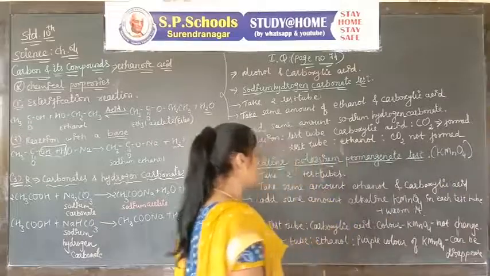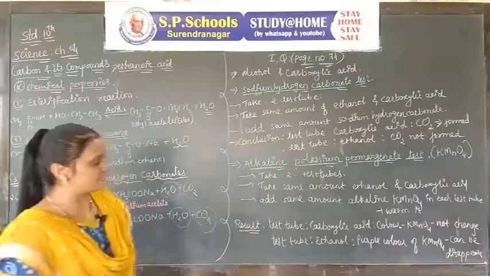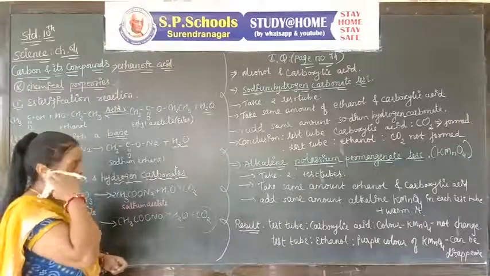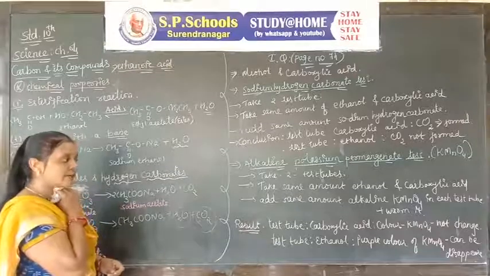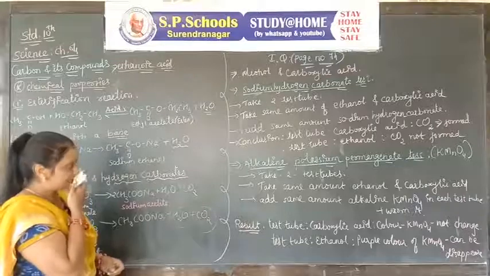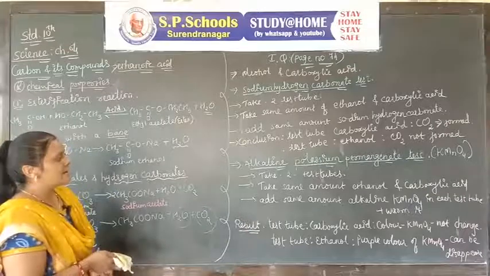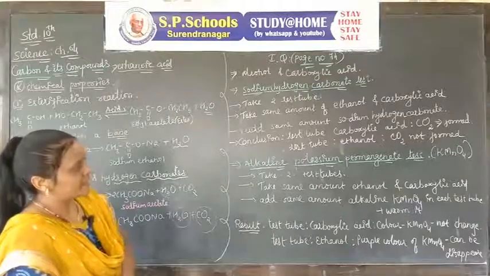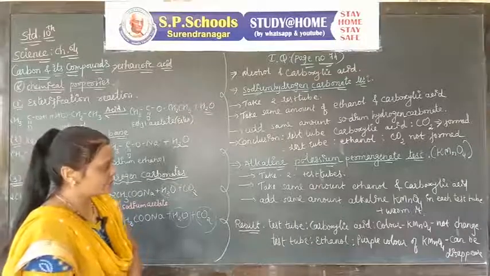When alcohol, ethanol, is present, the purple color of potassium permanganate disappears. And in the carboxylic acid, the color of potassium permanganate does not change.